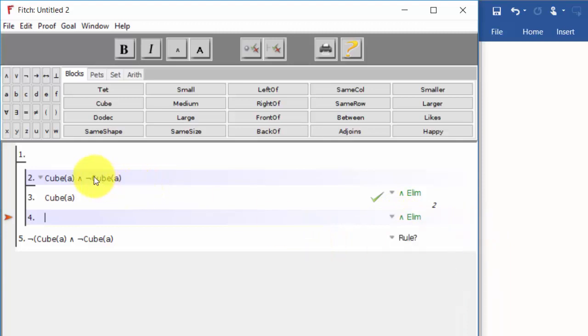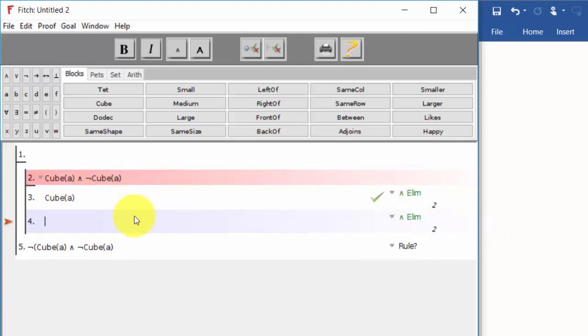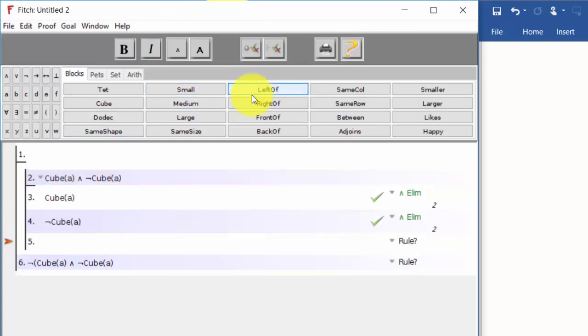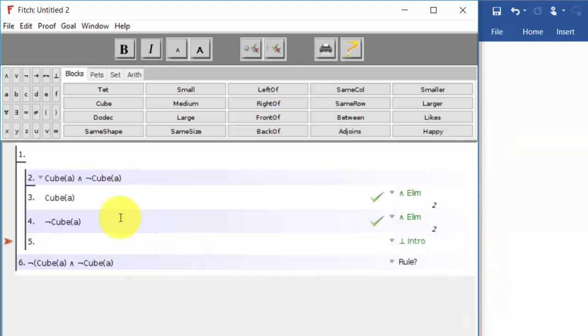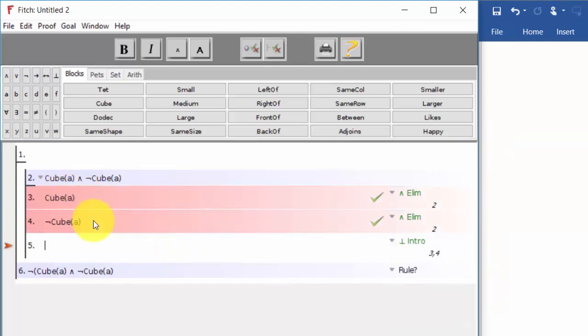And now I'm going to pull out not the case A is a cube from 2. And now I see that 3 and 4 take the form of P and not the case P. So by contradiction introduction, I can introduce the contradiction symbol.